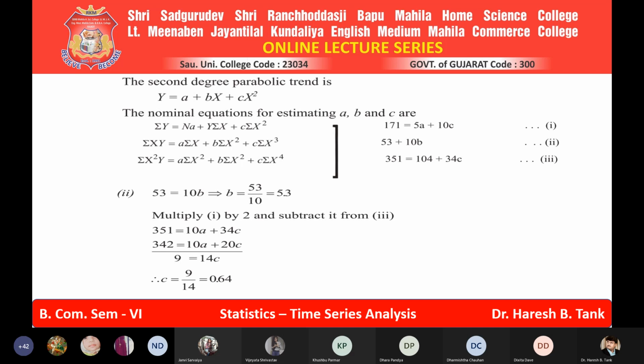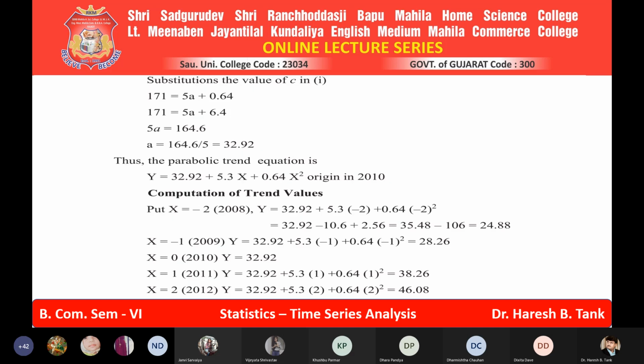What is the value of a you are getting? 32.92 is the value of a. So the equation comes to 32.92 plus 5.3 times x plus 0.64 times x square, and the origin is 2010. Since it is in full years, your x unit becomes 1 year.